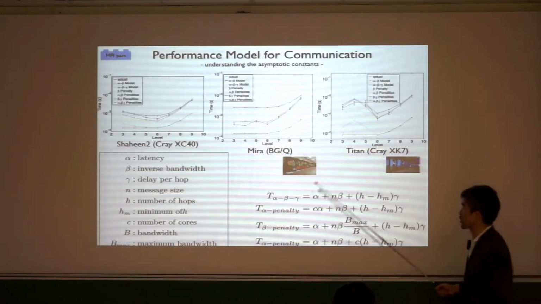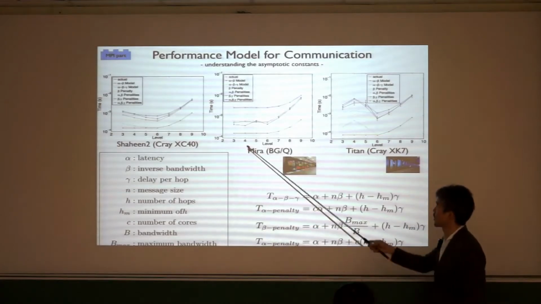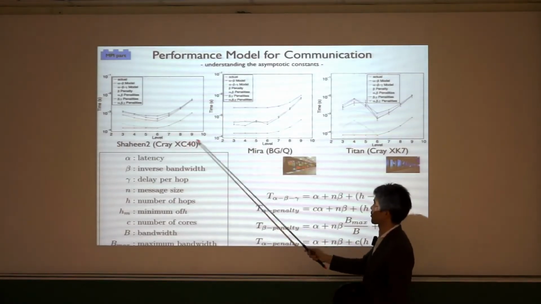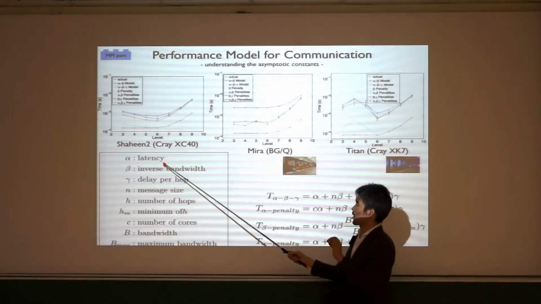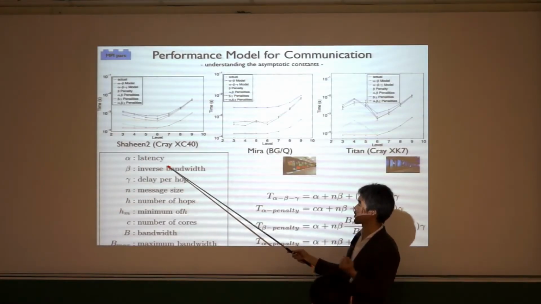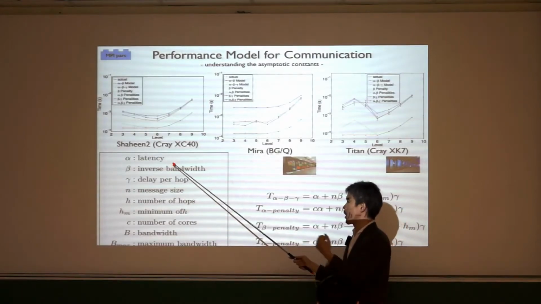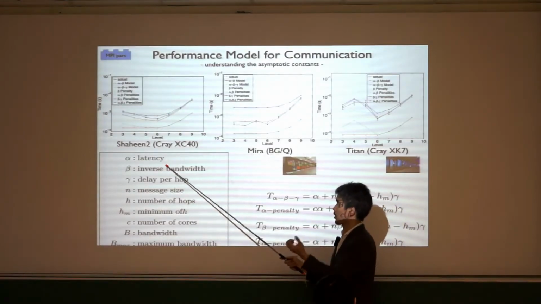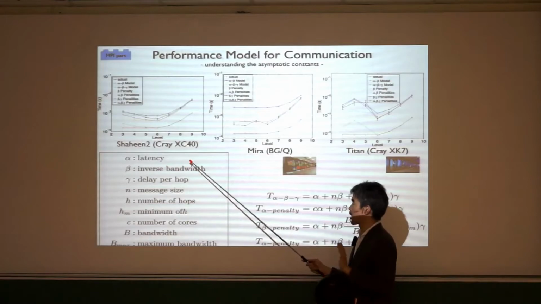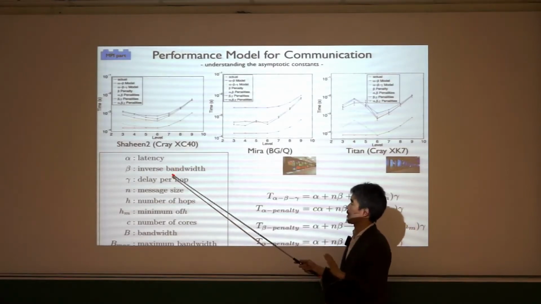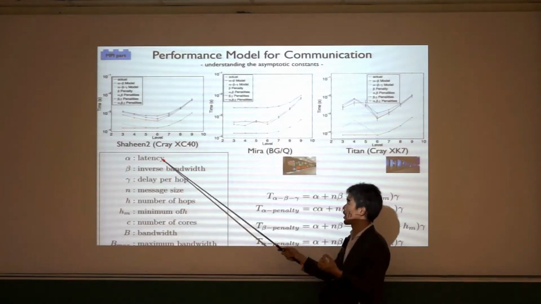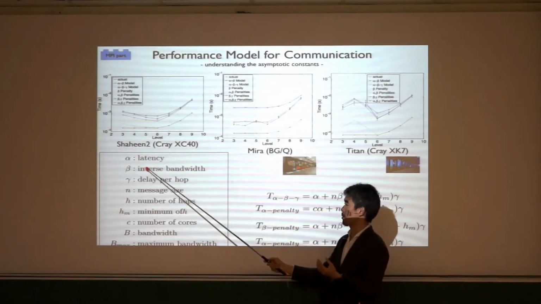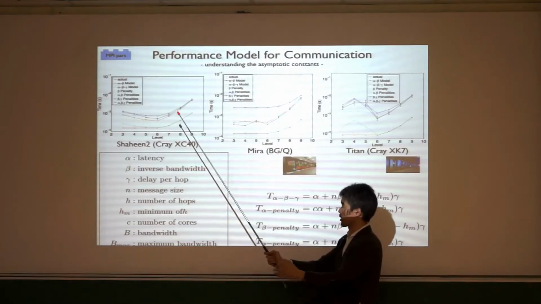Also, you can model the communication time on these different machines by measuring latency, which is the amount of time it takes to initiate and terminate communication, not necessarily proportional to the amount of data being sent. Even if you're sending very small data, there's a constant amount of time it takes to start the communication.